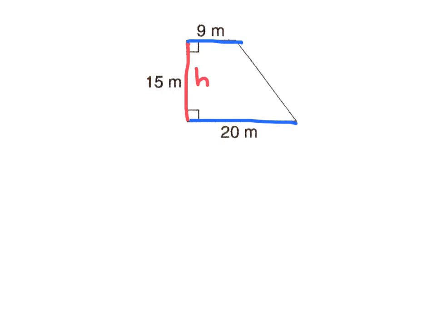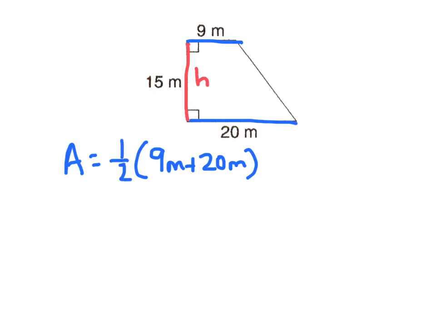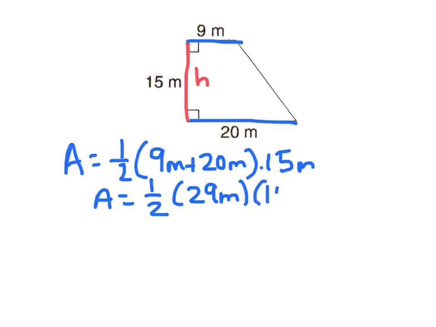Welcome back from pausing the video. To calculate our area of the trapezoid, we're going to add the two bases. So 9 plus 20, and then divide by 2, and then multiply that by the height, which is 15. So 1/2 times 29 times 15.